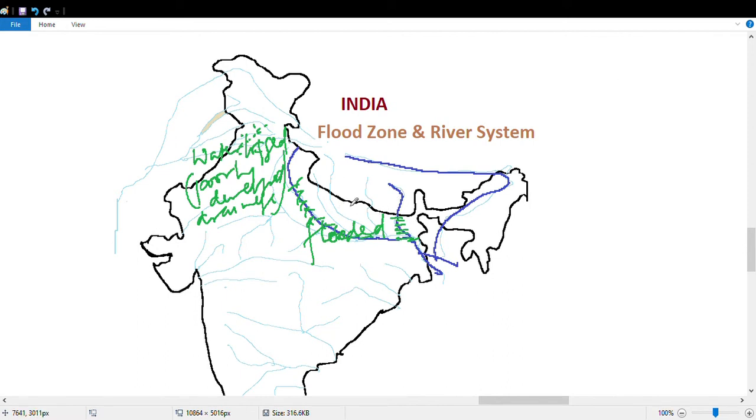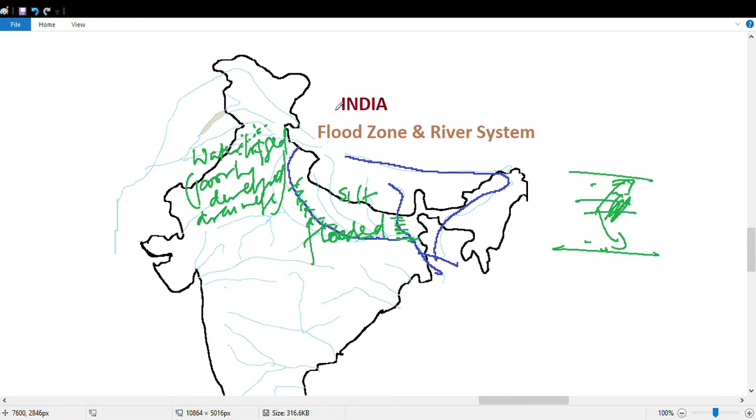These rivers carry a huge amount of silt or sediment, so it blocks the path and the water spills out, and so the flood is created.